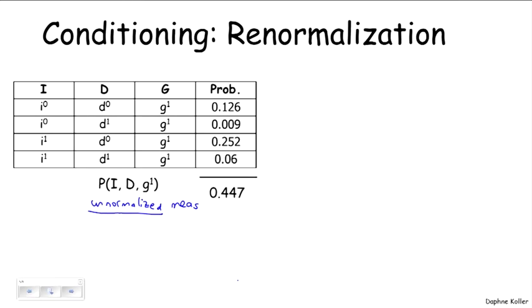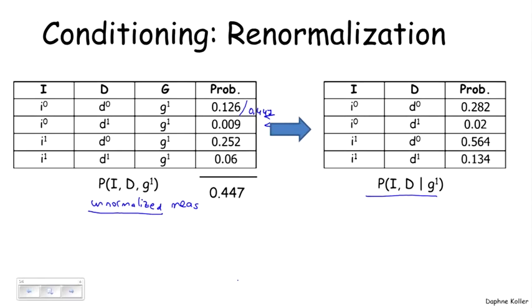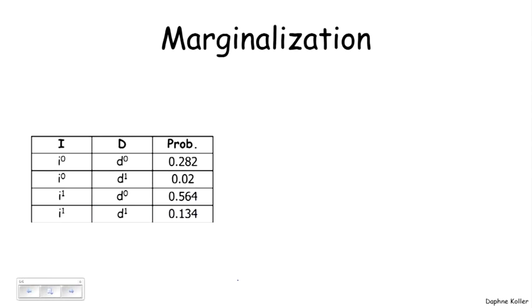And so what we're going to do is take all of these entries and sum them up, and that's going to give us a number, which in this case is 0.447. And we can now divide each of these by 0.447, and that's going to give us a normalized distribution, which in this case corresponds to the probability of I comma D given G1. So that's a way of taking an unnormalized measure and turning it into a normalized probability distribution. We'll see that this operation is one of the more important ones that we use throughout the course.